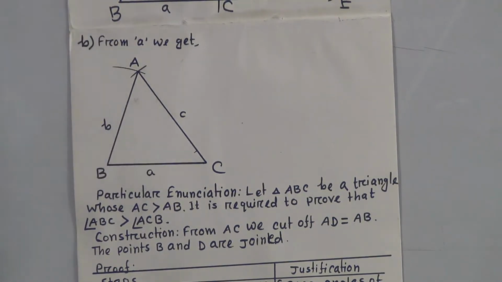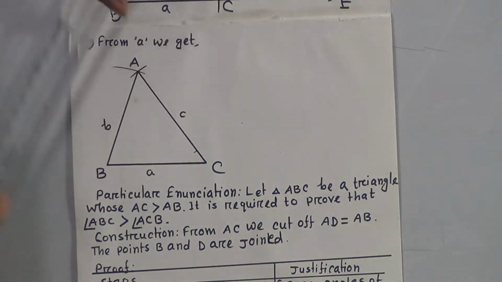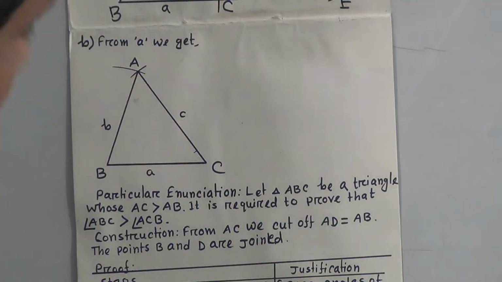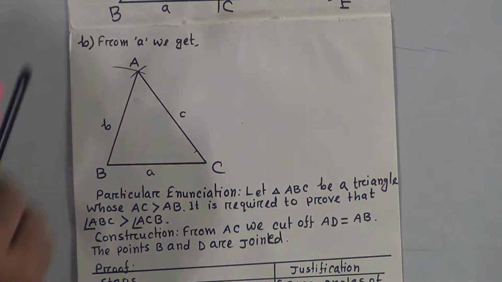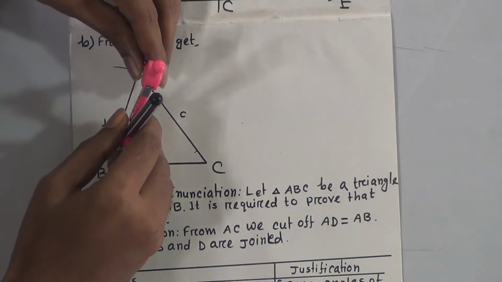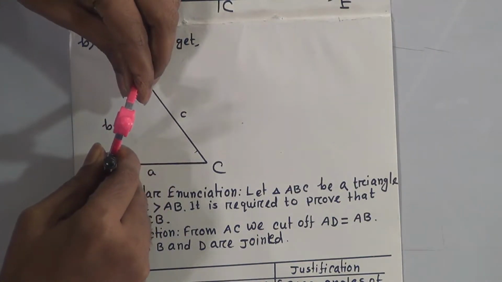Okay. Now to prove this we need some construction. Okay. Look, from AC we have to cut AB. AB equal to what? AB equal to 6 centimeter.